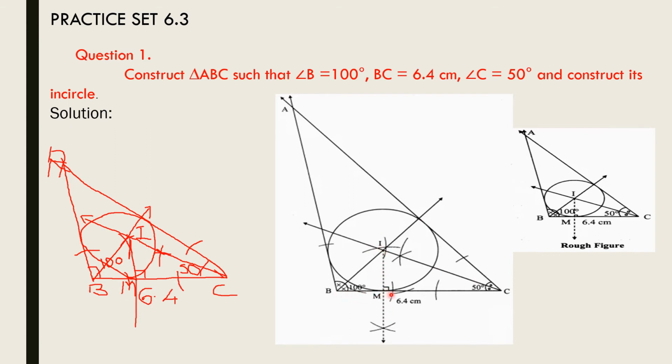That is, IM is perpendicular to BC, and with I as the center and IM as the radius, draw a circle, and this circle touches all the three sides of the triangle, and this I is called the incenter of the triangle.